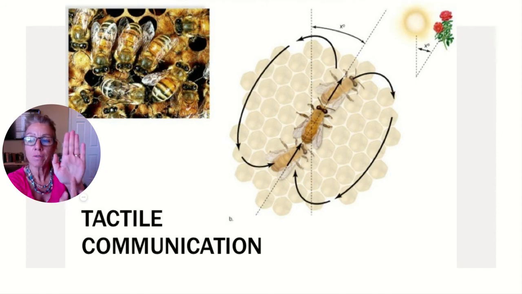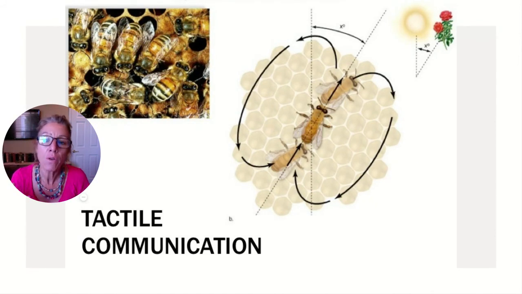What that means when it does its little waggle dance straight up the hive is, he's telling all the bees, or she is telling all the bees, that you just need to fly straight to the sun. Fly in the same direction where the sun is, and you will find that food.